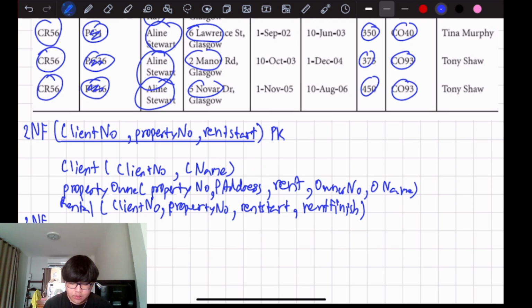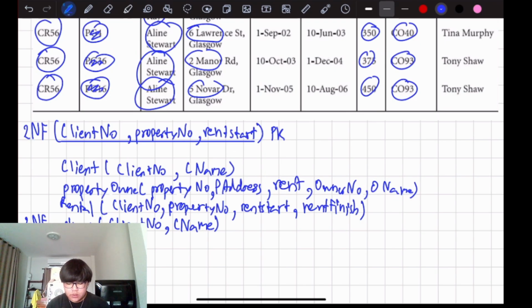In client number, we don't have more than two values, so it cannot be a transitive dependency. So I will write down the client table: client number, cname.